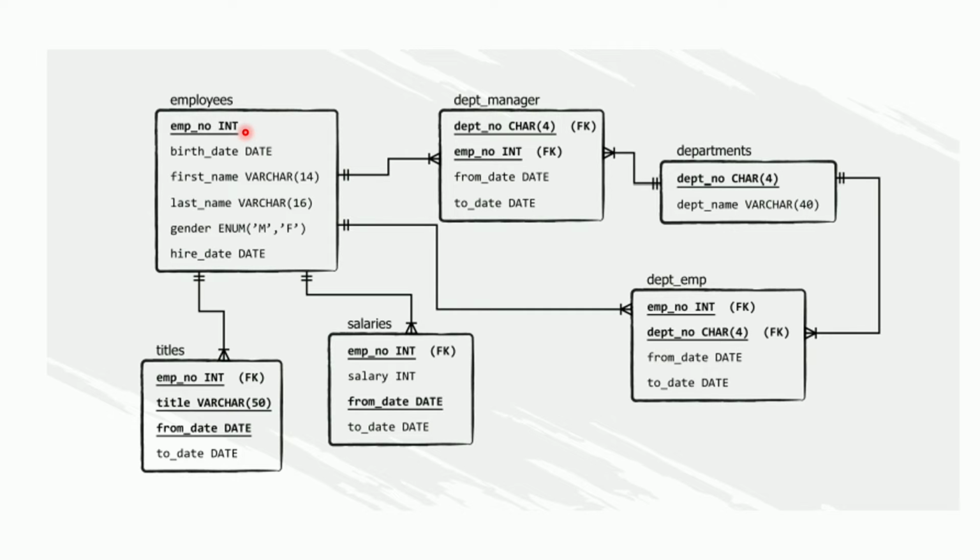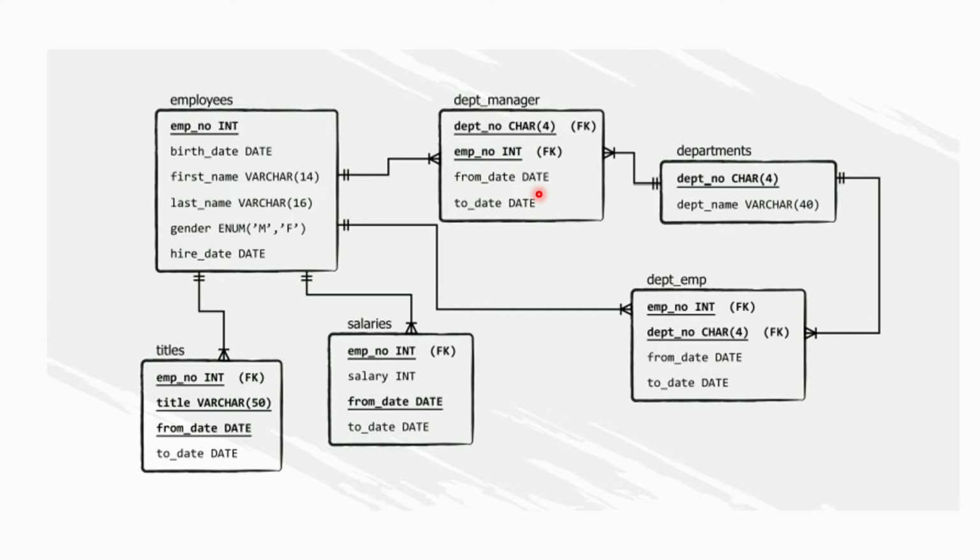This is a basic kind of architecture schema used to refer to a diagram. It's also known as ERD, entity relationship diagram. Here the underlined one is the primary key. In employees you have the list of employees, the unique employees.